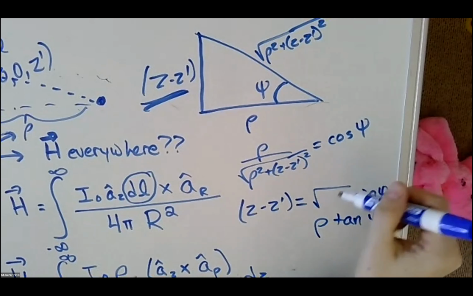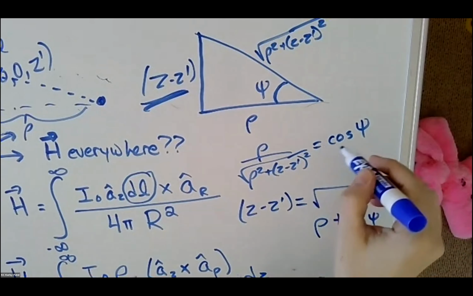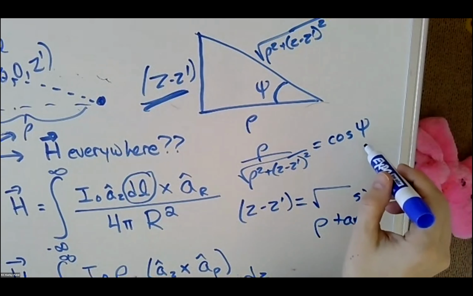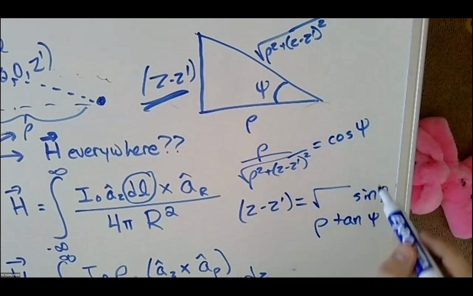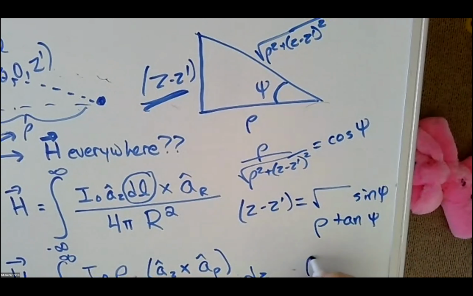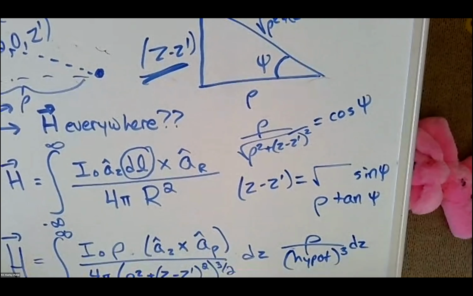So by using this stuff and then taking a look at what the values of psi would be for the bounds of my integral, I can write rho over the hypotenuse cubed dz instead as a function of this angle and then substitute in the bounds for the angle.